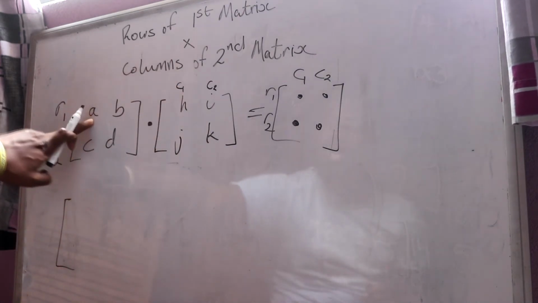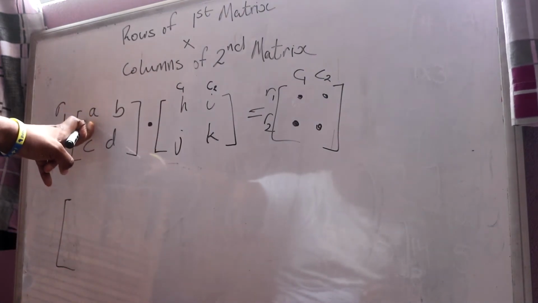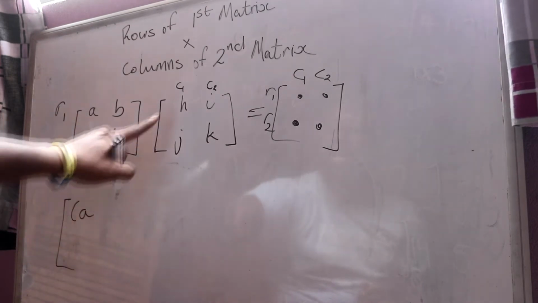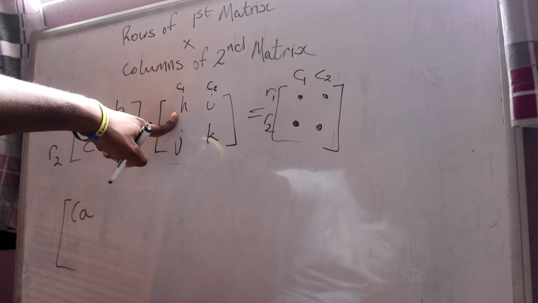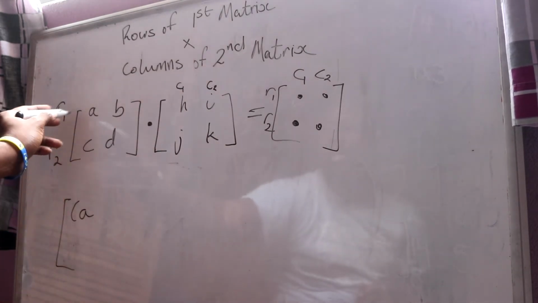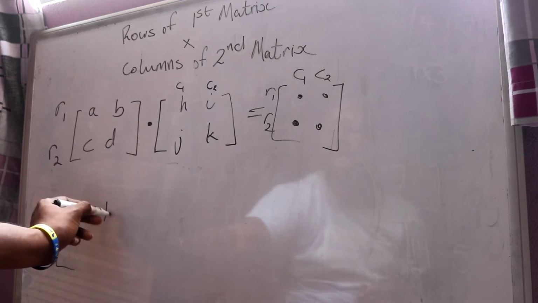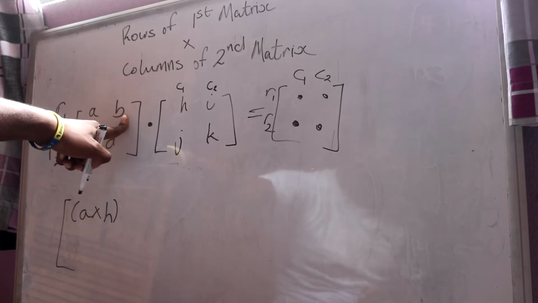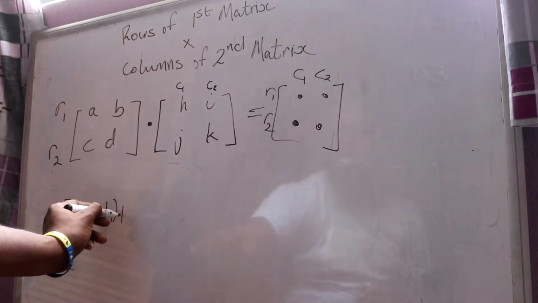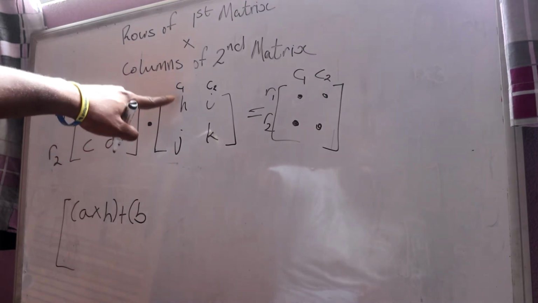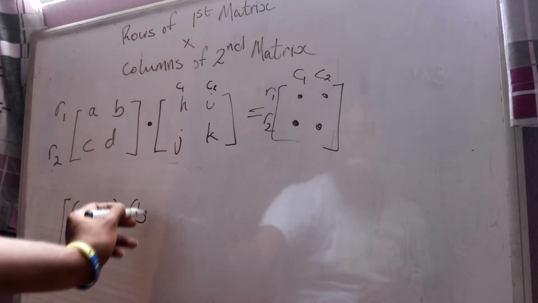A is the first element in row 1, so A multiplies H, because H is the first element in column 1. So A, row 1, by H, column 1. And then the next element in row 1 is B, so B multiplies the next element in column 1, which is J.